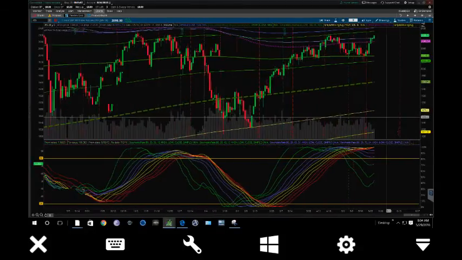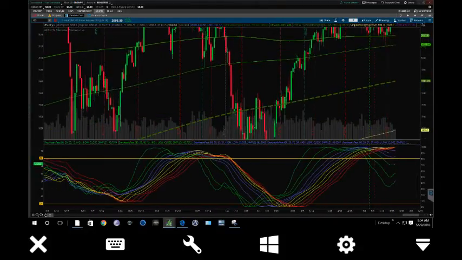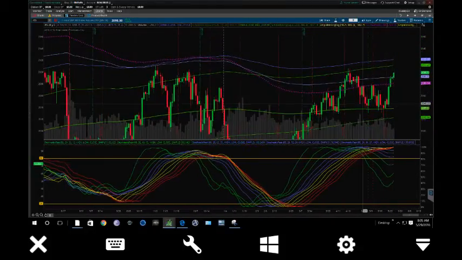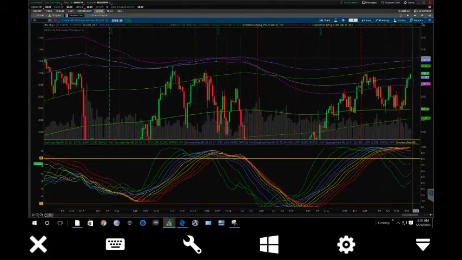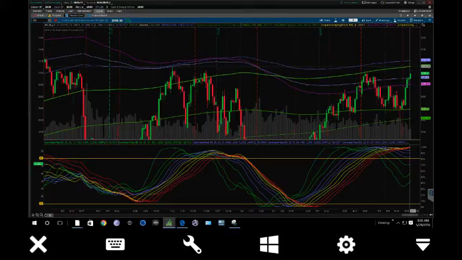Let me just adjust this a little bit so we can see what it is exactly. So the blue line here is sitting at 21.21, green line sitting at 21.11, 27.